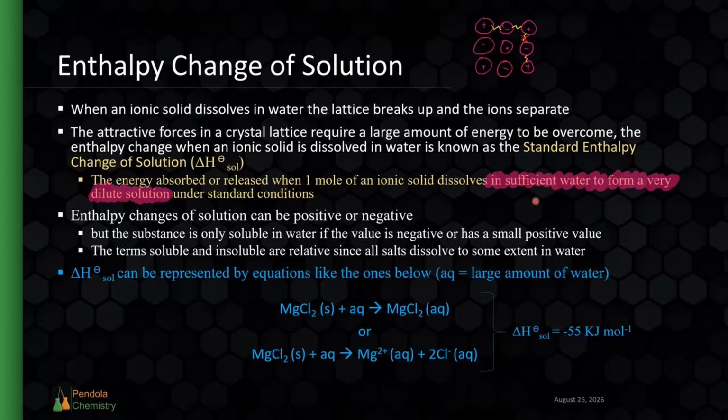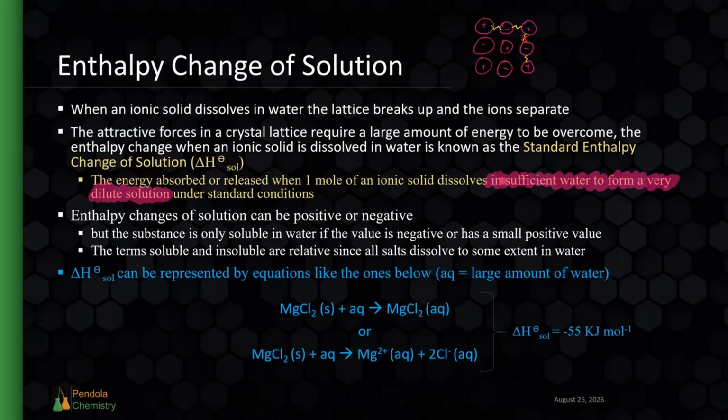The reason why is that if we have a really high molarity, those ions are going to start interacting with each other in the solution, and it can actually mess with the enthalpy change of solution. So when we're doing this, we're essentially saying that we're dissolving 1 mole of an ionic solid in a large amount of water, in order to make a solution that is very dilute and not concentrated.